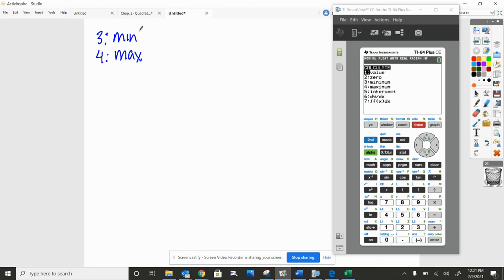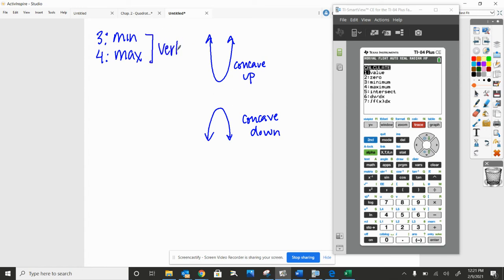Before I tell you what those two mean, when you're talking about a parabola, it's either concave up or concave down. There are no other options. What these two functions, number 3 and number 4, do is tell us our vertex, without us doing negative b over 2a and all that shenanigans.